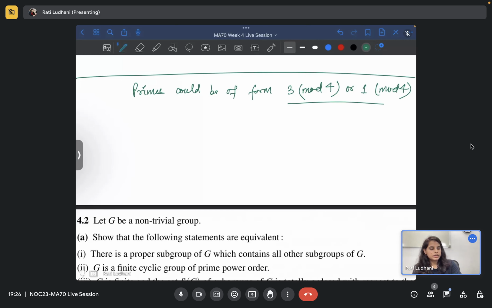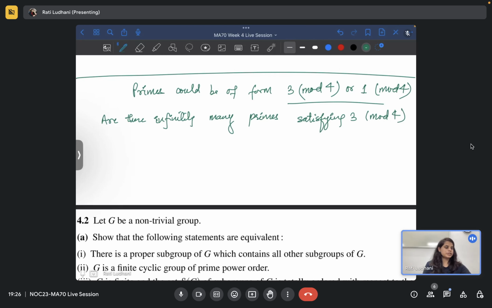So the next question, more precisely: are there infinitely many primes satisfying 3 mod 4, for example 7, 11, 15, like this?